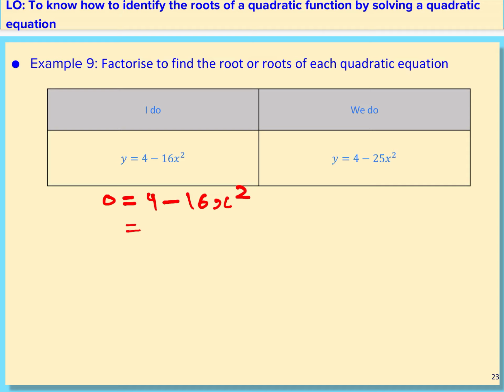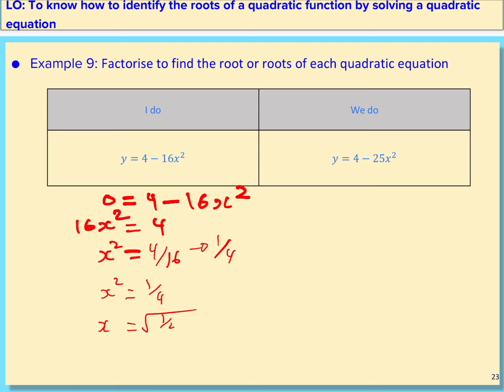Right, so we're going to be moving forward now. With these questions here, I wouldn't even bother factorizing, to be honest. I would just go straight to making it equal 0. So 0 equals 4 minus 16x squared. I'm just trying to make x the subject here. So 16x squared equals 4, and x squared equals 4 over 16, which can be simplified to 1 over 4.